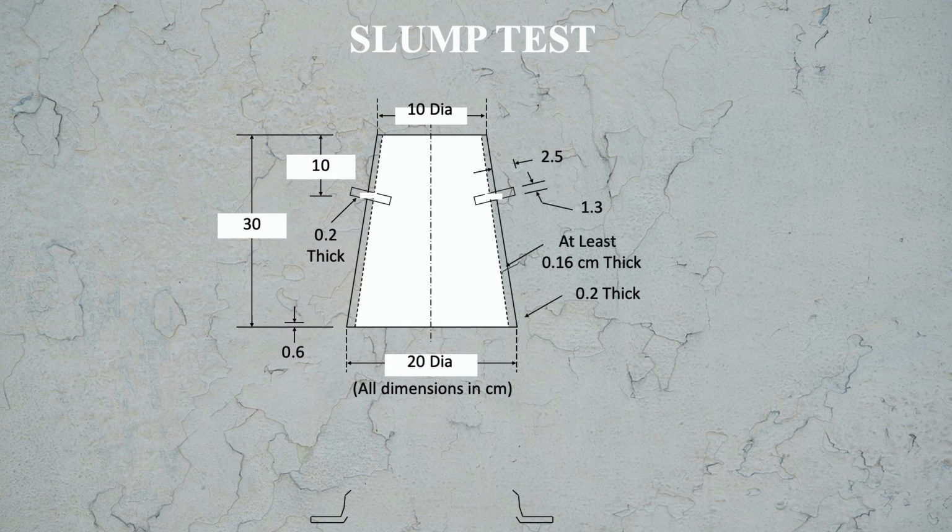Bottom diameter is 20 centimeter. Its height is 30 centimeter or 300 mm. And the minimum thickness of that metal sheet is 0.16 centimeter or 1.6 mm. So this is the mold that is used for measuring the workability in slump test.